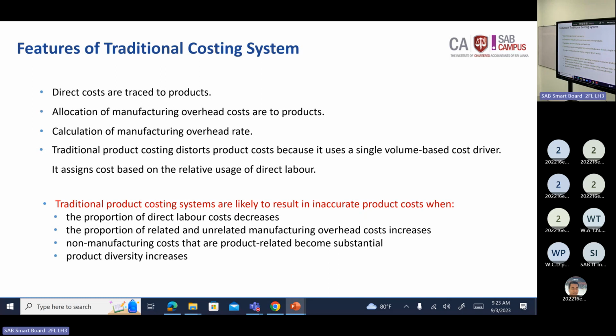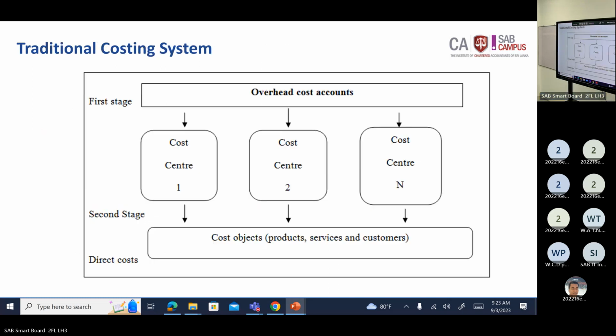So it is very important to allocate this overhead cost. The first stage, you collect the total overhead cost. Within the overhead cost account, you have the factory rent, factory manager salary, factory supervisor salary, machinery depreciation, likewise.